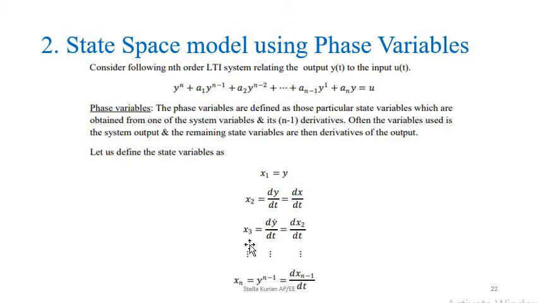Similarly, the next state variable x3 will be equal to dy by dt dot, that is d square y by dt square, or it can also be written as dx2 by dt or x2 dot. Similarly, the nth state variable xn will be equal to y raised to n minus 1, which will be equal to dx of n minus 1 by dt.